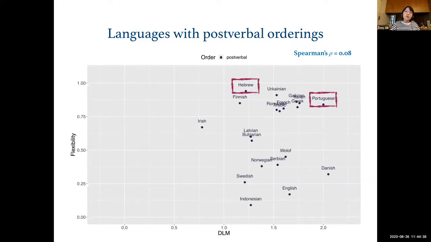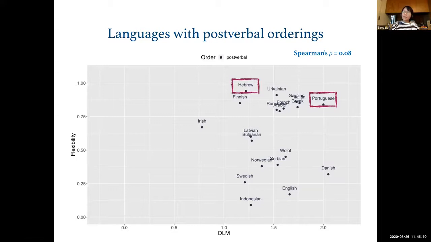That has been shown to not necessarily be the case with a few languages. For example, neither Hebrew nor Portuguese has a rich case marking system, yet they're both quite flexible based on the results here. And by the way, whenever I'm talking about flexibility here, I should have said at the beginning, I'm referring to it within the particular context of the syntactic constructions that I'm looking at.